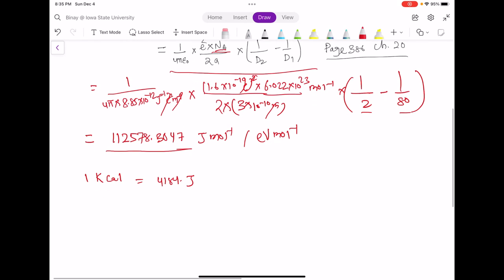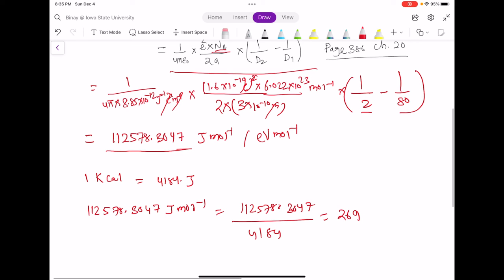So 112,578.3047 joule per mole divided by 4184 is roughly equal to 26.90 kilocalorie per mole. So this is our answer.